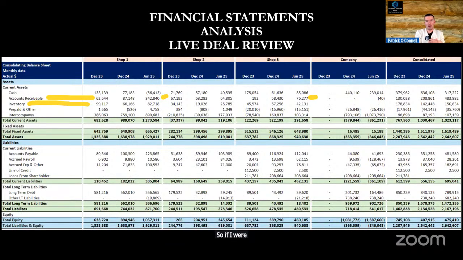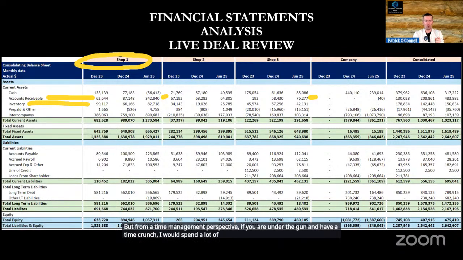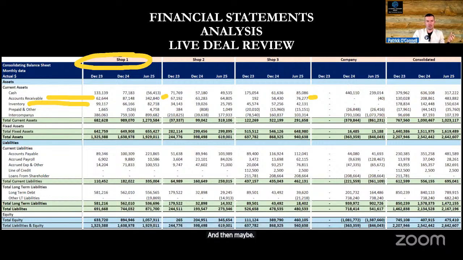If I were to guess, I'd say shop one was the first shop created. It might be the largest shop the business serves. I would expect shop one to have the most revenue, the most expenses, and probably the most profitability of each of them. So from a risk standpoint, shop one is probably most material to the deal. Shop three, given it's new, is also important, but if you are under the gun and have a time crunch, I would spend a lot of time unpacking shop one and then maybe what shop three looks like.